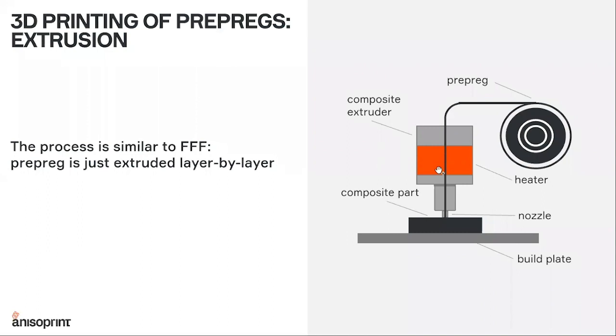So the prepreg is pushed through the hot environment, the polymer material inside the prepreg is melting, and then layer by layer it's deposited, extruded onto the part by the extruder movement, and layers of fibers or layers of tapes stick to each other, either under certain pressure or maybe just due to the plastic flow.